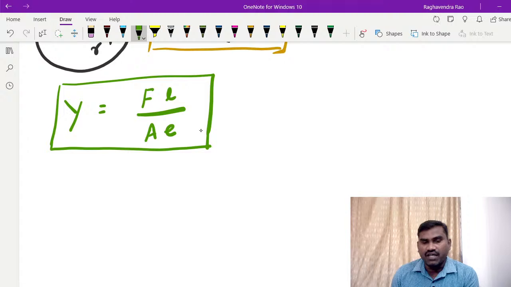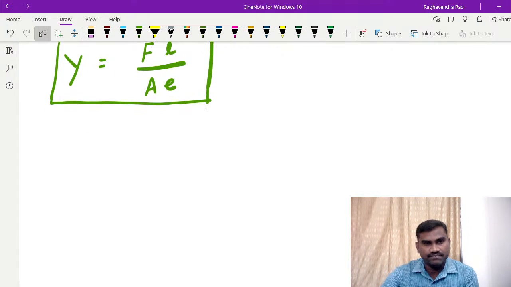Young's modulus value does not depend on dimensions of the material, it depends on the nature of the material. And Young's modulus value is infinity for a rigid body, because elongation in the case of a rigid body will be equal to 0. Young's modulus is more, which means it is a more elastic material.